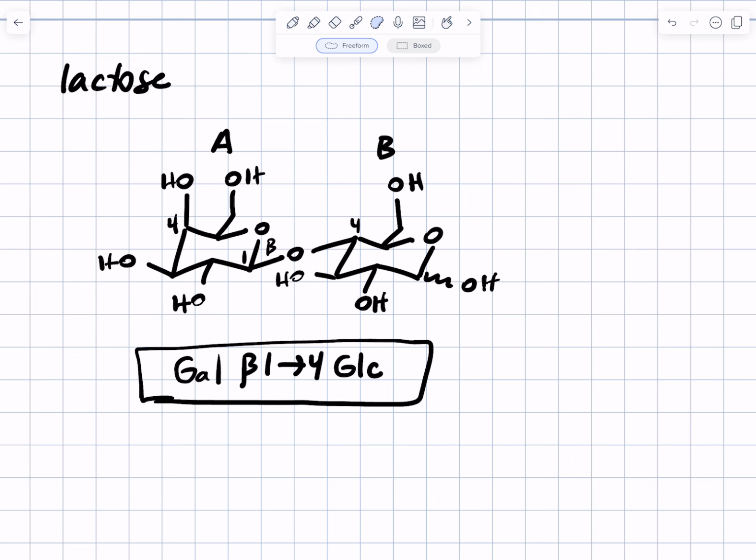Okay, you guys ever heard of lactose intolerance? What is lactose intolerance? Go ahead. Okay, so yeah, you can't digest the lactose, meaning you can't hydrolyze the beta 1,4 linkage between galactose and glucose, but some bacteria in your gut microbiome can.